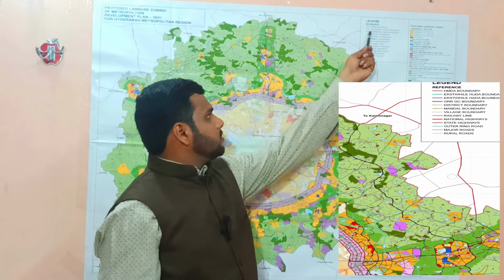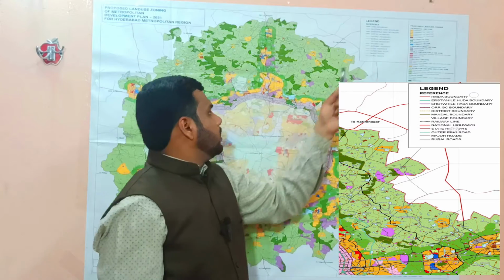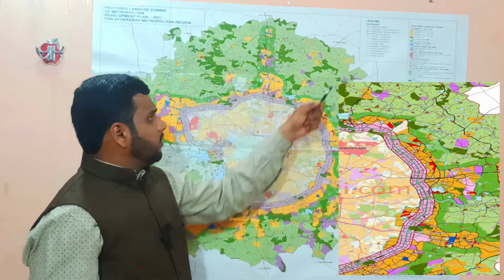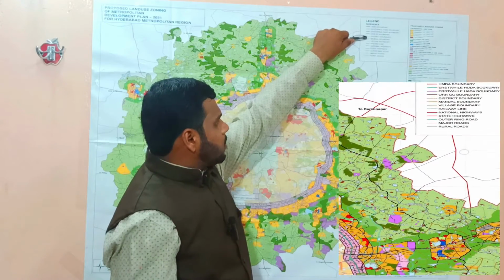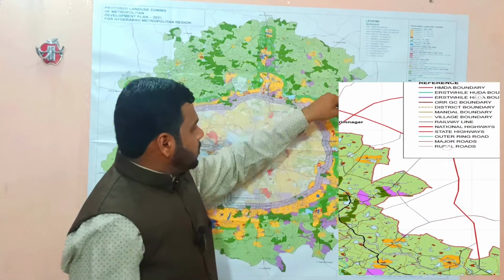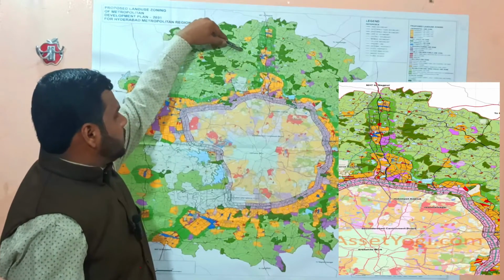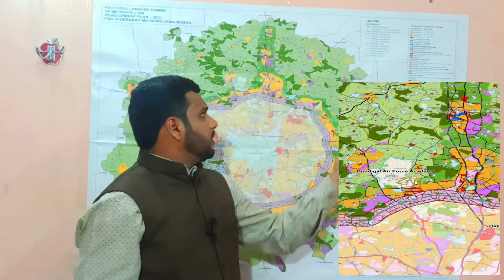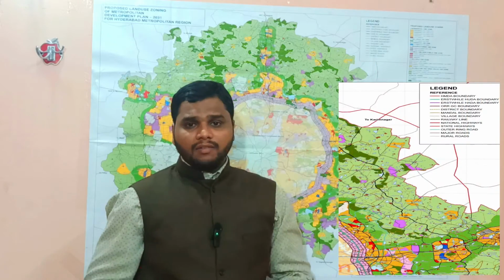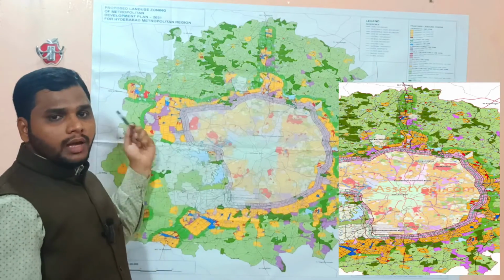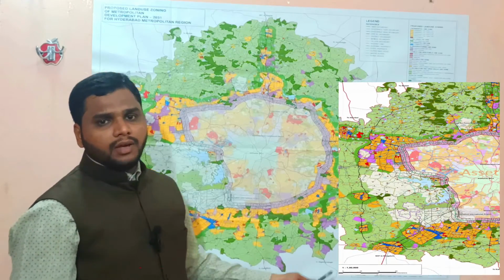The light blue color shows the erstwhile HUDA boundary. Various district and mandal boundaries are also shown in brown color, as you can see in this HMDA master plan. Various railway lines, national highways and state highways are also shown, such as the Nagpur Highway, Mumbai Highway, Bangalore Highway, Srisailam Highway, Vijayawada Highway, and Warangal Highway.